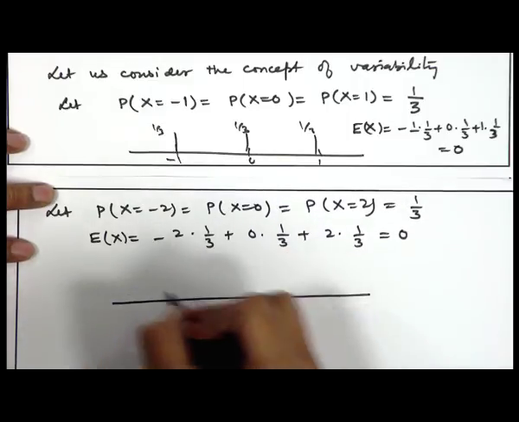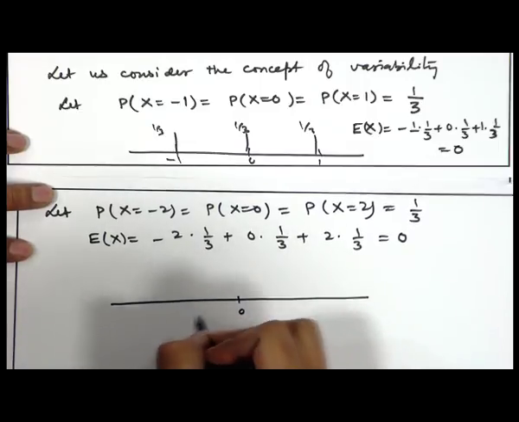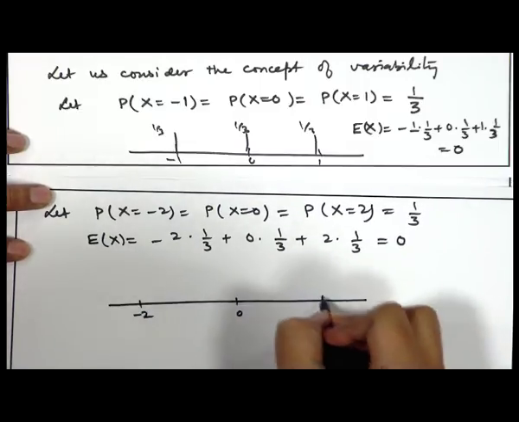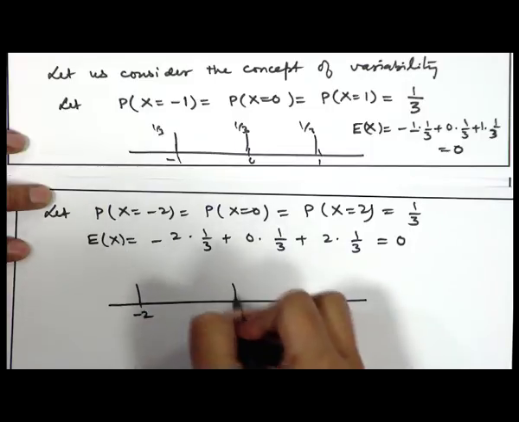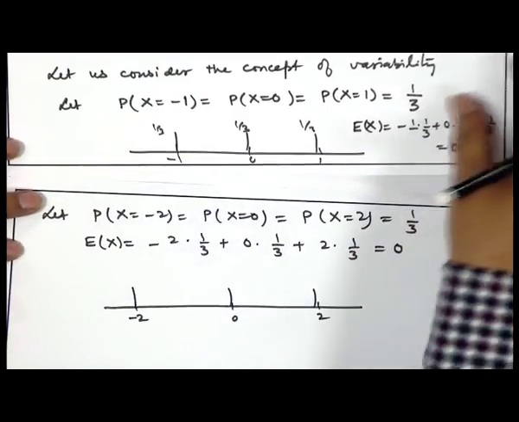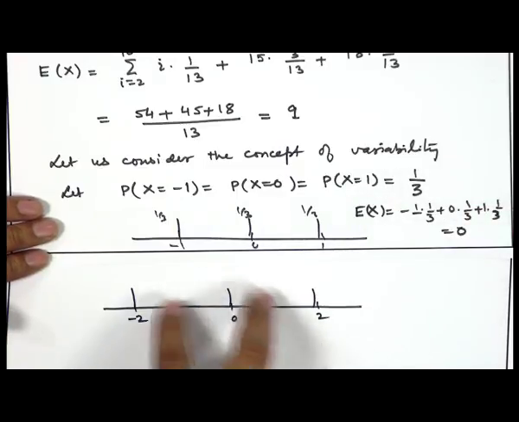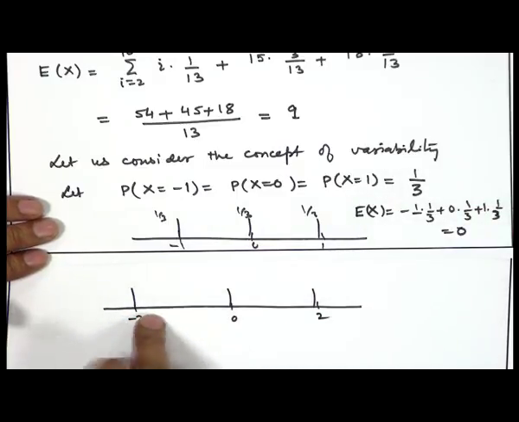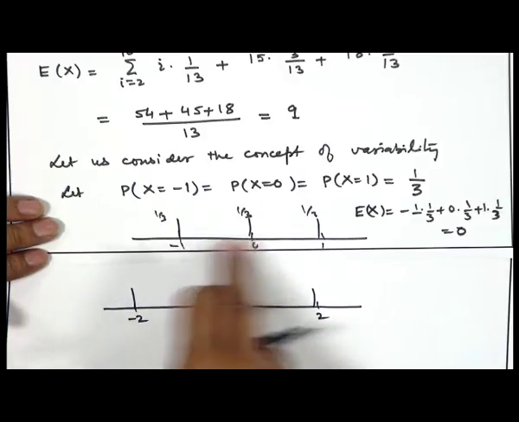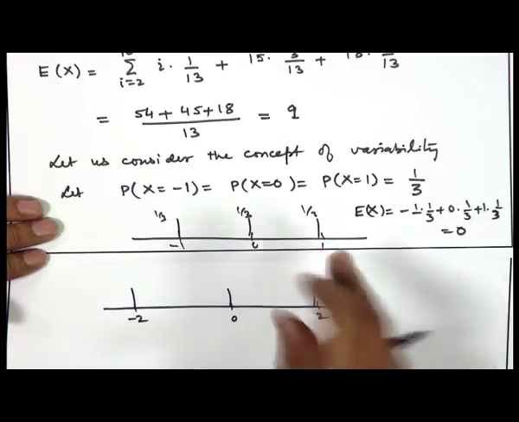But if you plot it, how it looks like: -2 and plus 2, 1 by 3, 1 by 3, 1 by 3. So, if I compare these two graphs, you can see that the random variable x here takes values which are having more variation compared to this random variable.